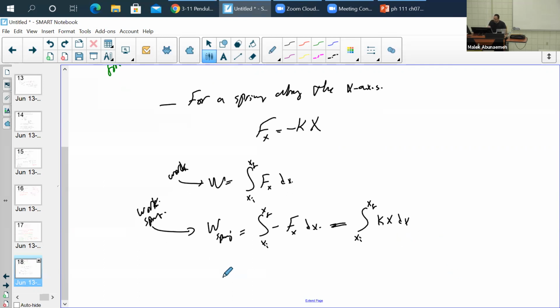So that means your work done by a spring is going to equal 1/2 k x initial squared minus 1/2 k x final squared, where k is the spring constant.